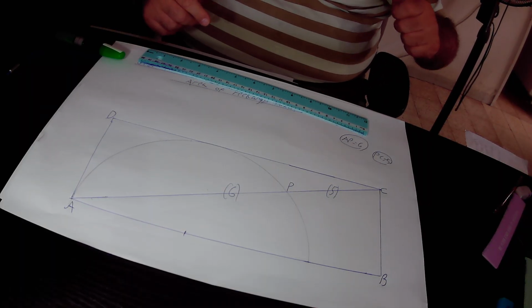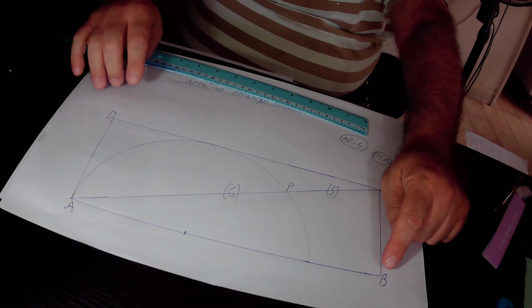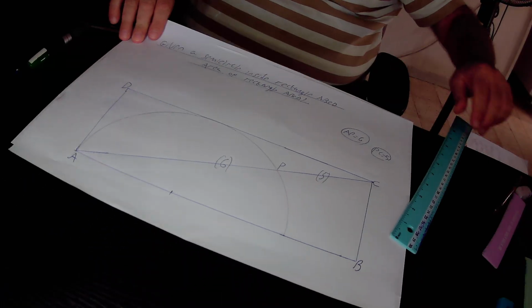ABCD is a rectangle, so all those four angles inside the rectangle ABCD are right angles. So this is a right angle.